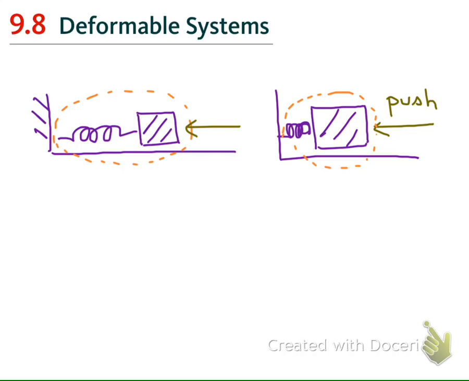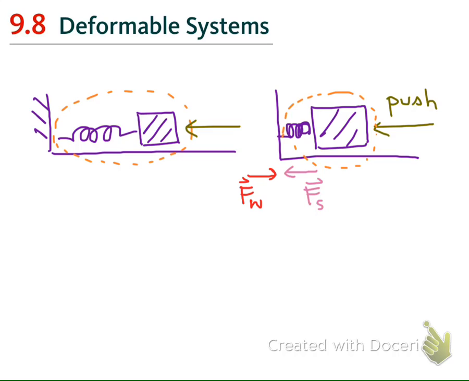We know that when we compress the spring, there is a force from the spring exerted on the wall, and from the third law we know that there is a force from the wall exerted on the spring, which means that there is a force from the wall exerted on the system.